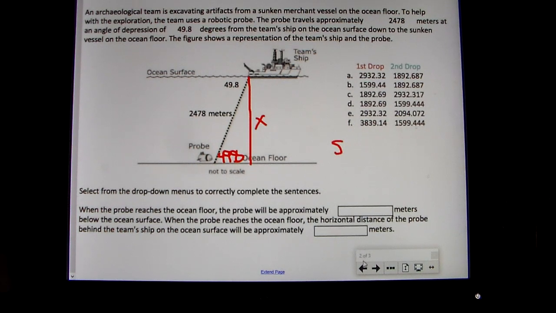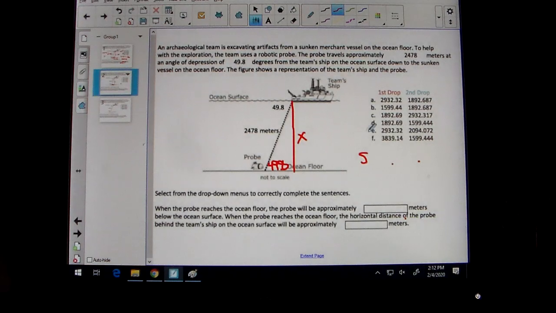So let's see, I'll actually do some typing it in. There we go. I'll actually type it in. Let's see if that could work.